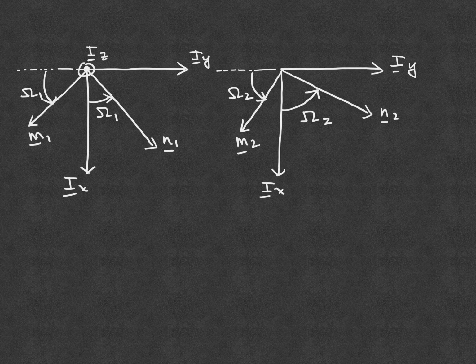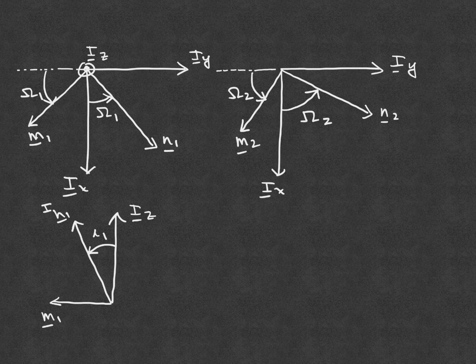Now you can actually see that if I look at the angular momenta, the two angular momenta look as follows. Here's iz, and here's the direction of h1. And here's the direction of m1. And the angle between iz and h1 is I1.